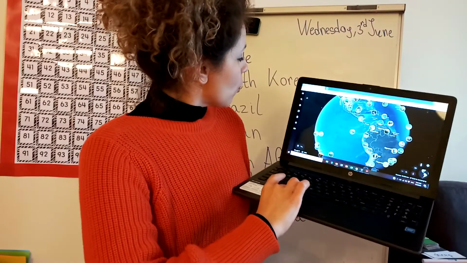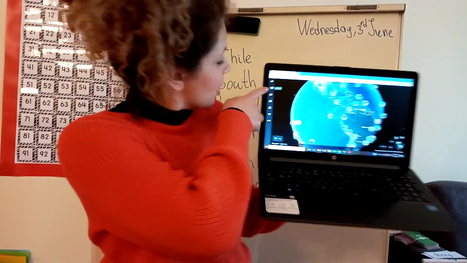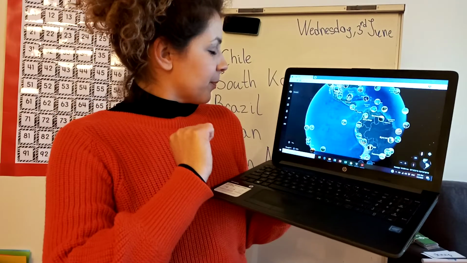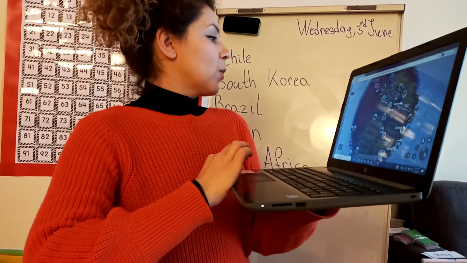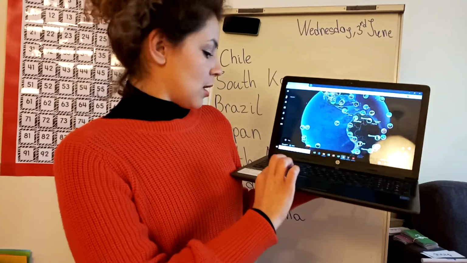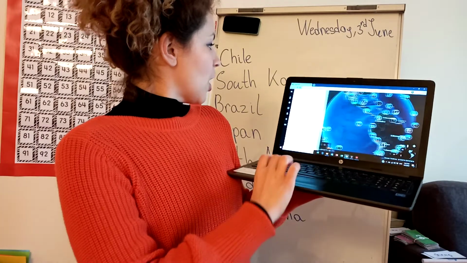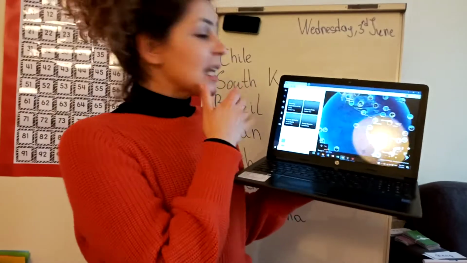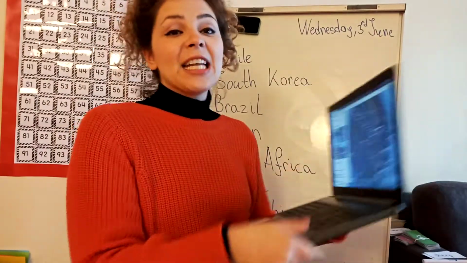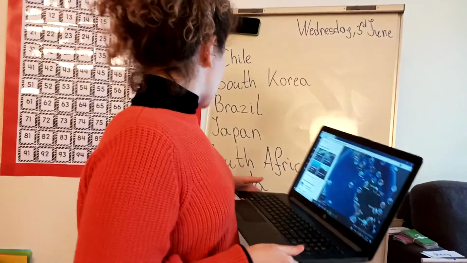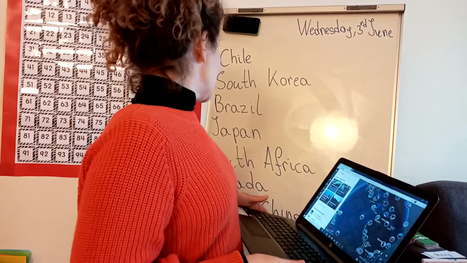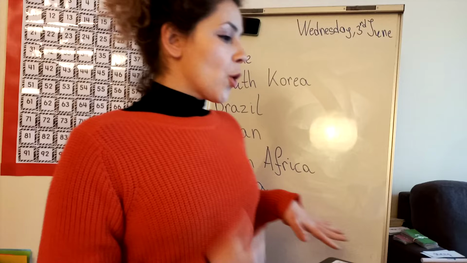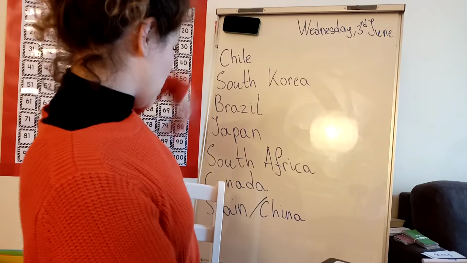Okay, so what we want to do is go here on this magnifying glass, because when we click there, we're gonna get options to search. Okay, so this menu will appear, and here we can type in the country or any place that we want to go and visit.